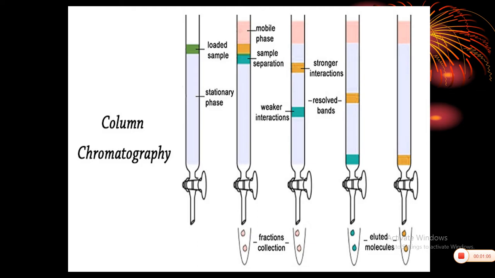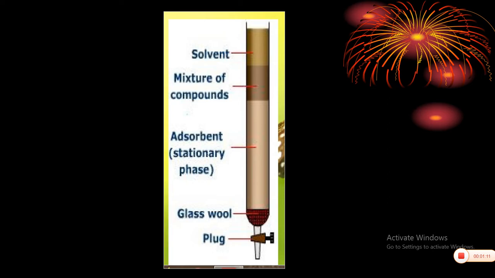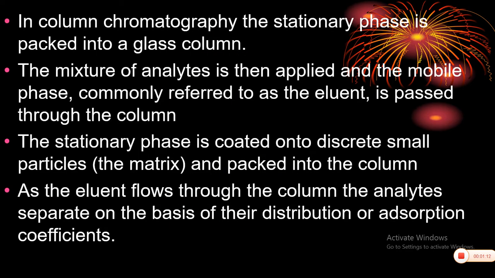So again this slide shows the entire procedure schematically. So in column chromatography, the stationary phase is packed into a glass column. The mixture of analyte is then applied and the mobile phase, commonly referred to as eluent, is passed through the column.